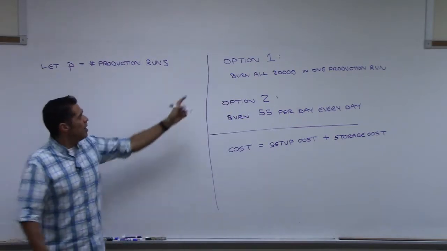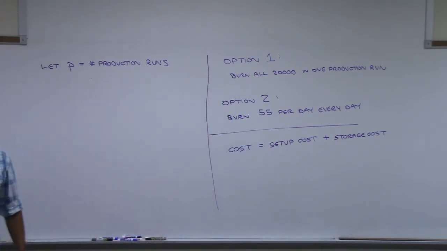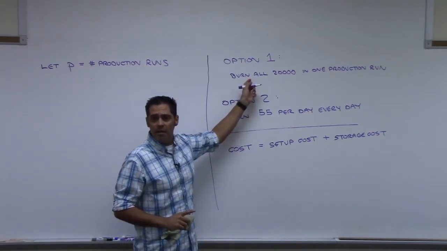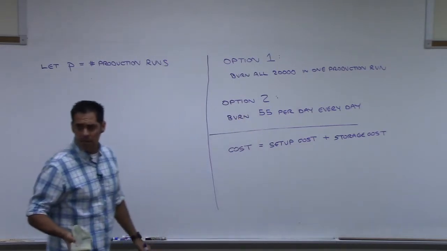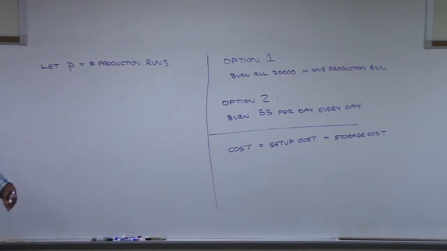In option 1, P is 1. In option 2, P is 365. With me? But it's variable. We have to determine how many runs we're going to have to minimize the cost. With me? Okay, that's what P is.